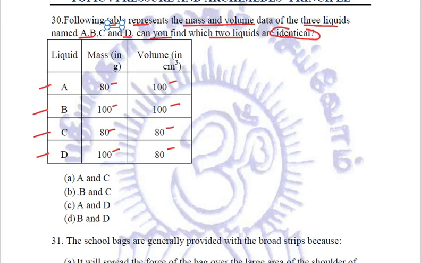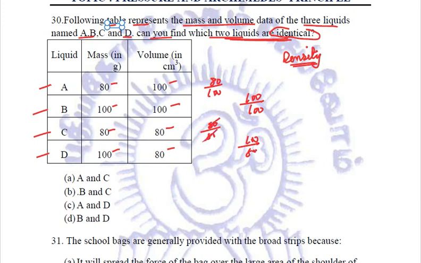If we want to know which among these are identical liquids, just try to calculate the density, which is mass upon volume. So the density of A is 80 by 100, B is 100 by 100, C is 80 by 80, and D is 100 by 80.